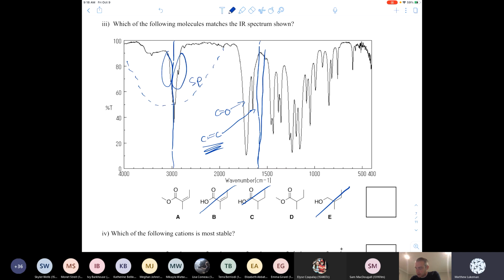So we expect there to be sp3 CHs and maybe some sp2 CHs as well. And all of that points to structure A: the presence of the double bond, the presence of the carbonyl. It is an ester, and an ester often will show a strong peak in this part of the IR spectrum as well. But that's fingerprint, and we don't rely on that too heavily.